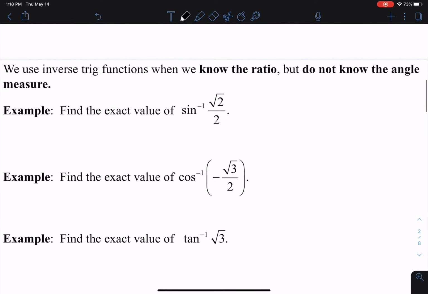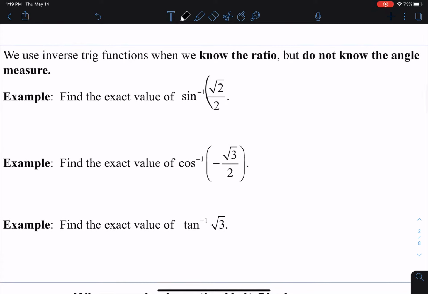So let's look at some questions here. This is what the questions are going to look like. Find the exact value of inverse sine of, sorry, square root of 2 over 2. If we remember, sine is y over 1, or y over r, I should say, but on the unit circle, it's always y over 1.